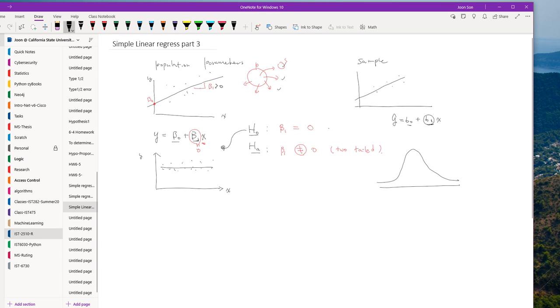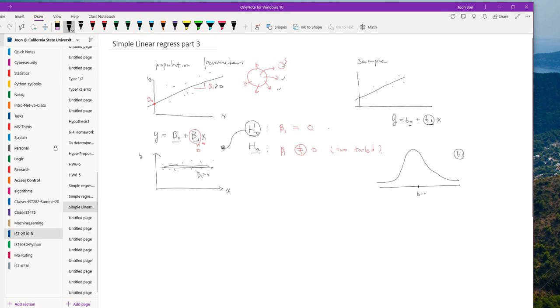And if the null hypothesis is true, we know that B1 should be 0. The sampling distribution of B1 will be centered around B1 equal to 0, which is the same as the population slope, beta 1 equal to 0.